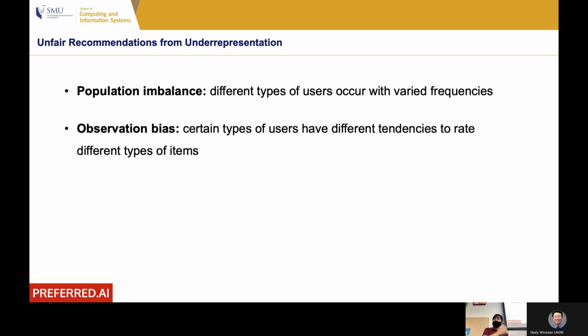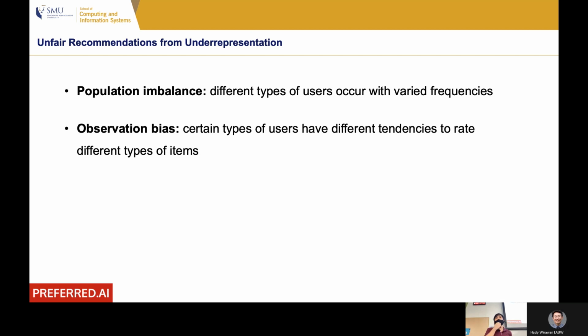Another bias is observation bias, where a certain type of user has a different tendency to rate different types of items. This second type of bias is related to the feedback loop of the system. If the user is not accommodated by a particular item, they're not going to have a chance to rate the item.